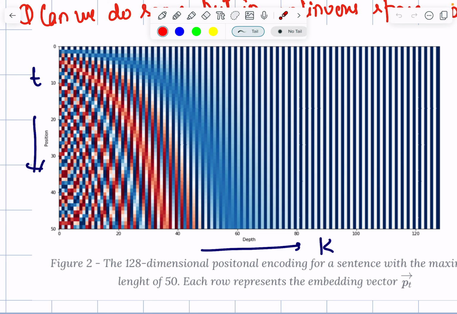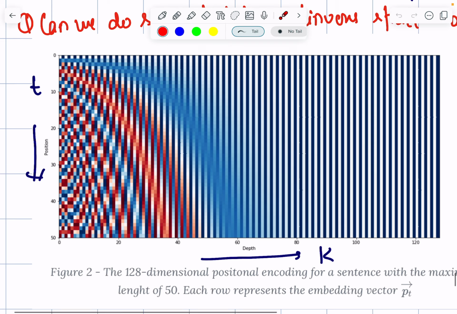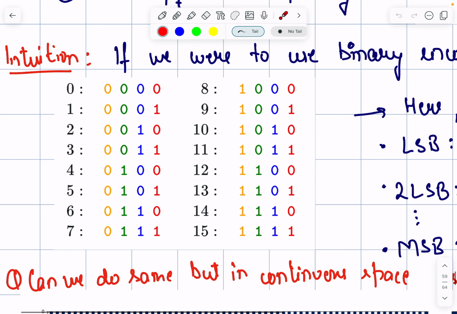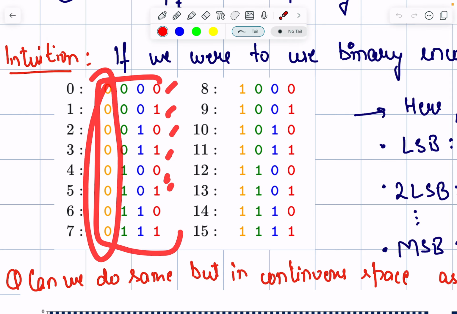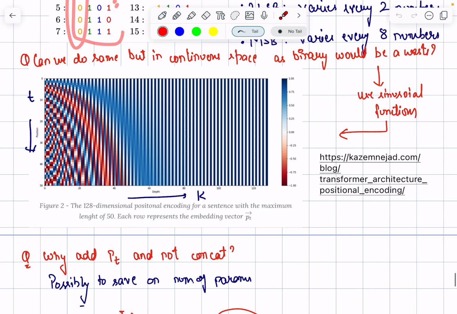Okay. So what does that mean? Here you can see that the least significant bit, that is this, is varying very frequently, right? But the most significant bit or the dimension in this case is not varying very frequently. This is similar to what we saw in the case of binary embeddings also, where the least significant bit was varying very frequently, but the most significant bit was not varying that frequently, right?